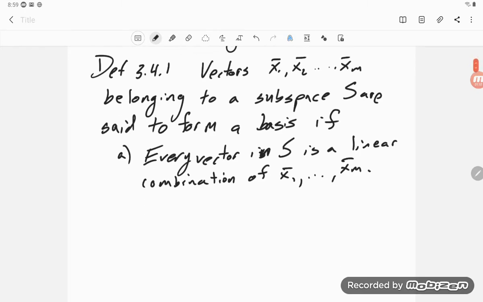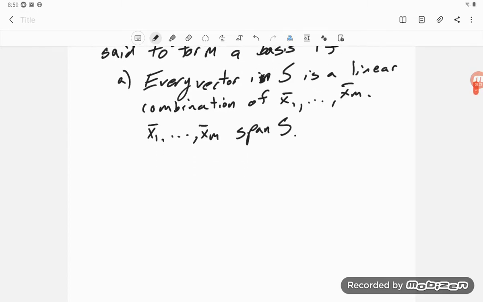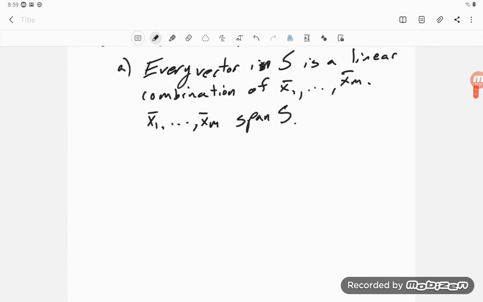Now, we can say it a little simpler, and that is that instead I could say x1 up to xm span S. Okay, because that's exactly what span means. It means every vector in S is a linear combination of those vectors. So we could just say it spans S, and that's typically the way I would say it.